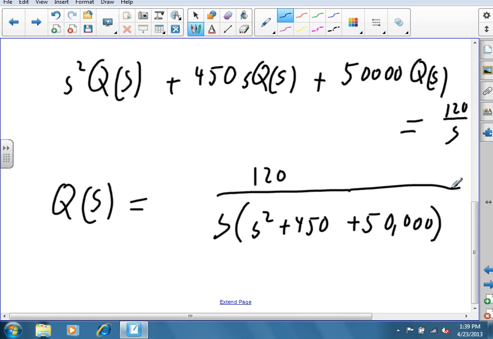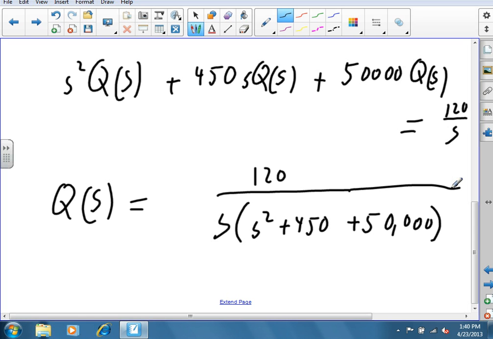Oh, I wonder if that factors. I doubt it, but I think my calculator will do that for me.